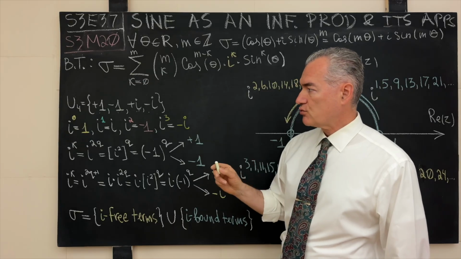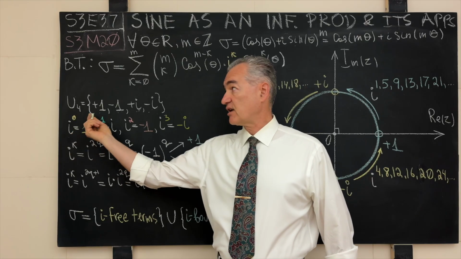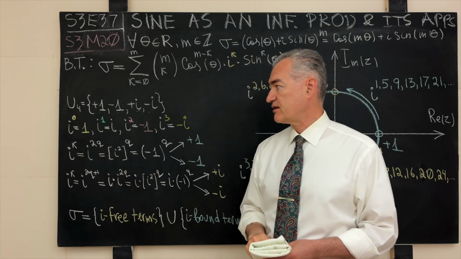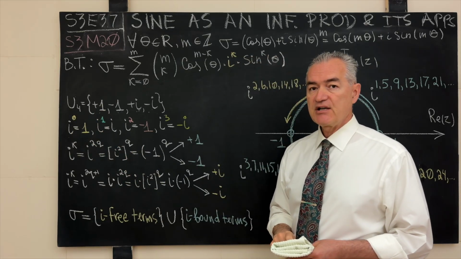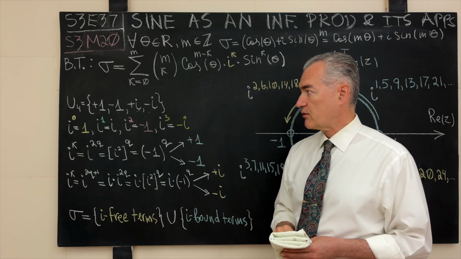So not only does the product of the imaginary unit i with itself produce an element of the group, but it turns out that the imaginary unit i has enough juice to enumerate all the elements in that set without exception.